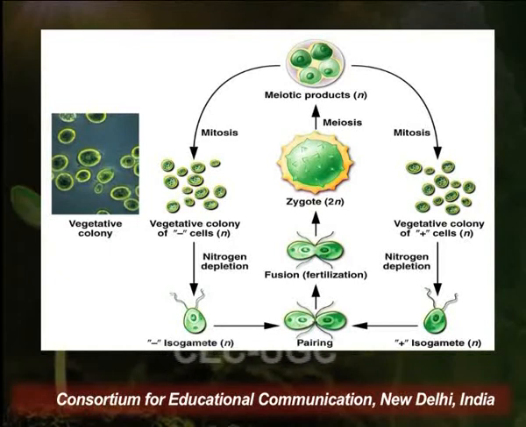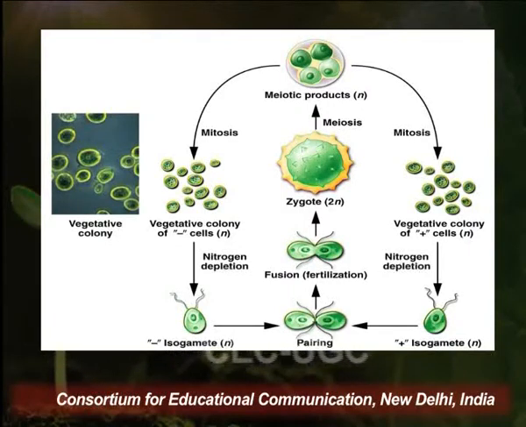A quick look on your screens would give you the life cycle pattern of Chlamydomonas, wherein we find vegetative cells. Once they have nitrogen depletion, they turn into isogametes, one plus and the other minus, and then they fuse, giving rise to a transitory quadriflagellate structure, and the fusion gives rise to a zygote, which under favorable conditions now germinates.